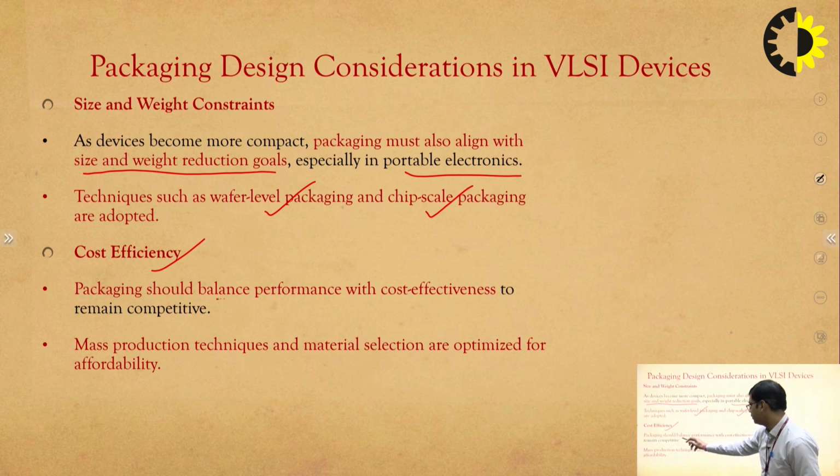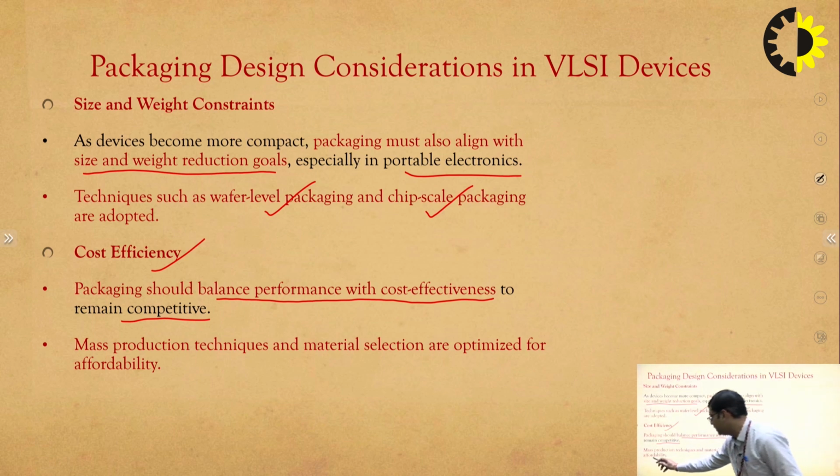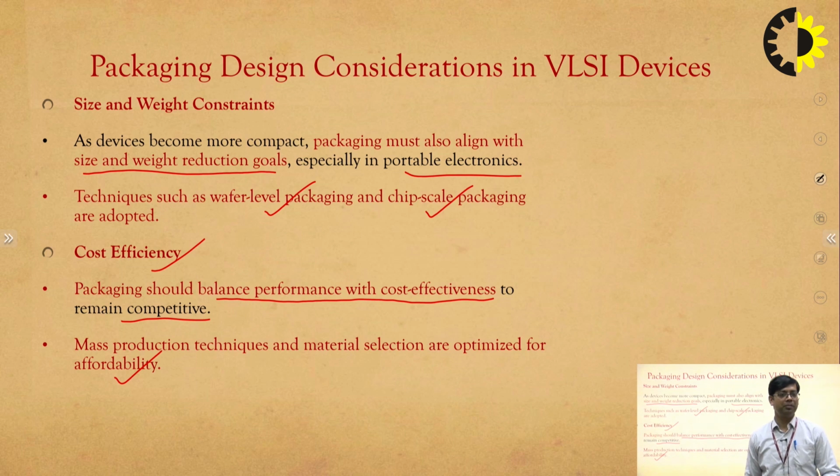So, the packaging should balance the performance with cost effectiveness to remain competitive. Most production techniques and material selections are optimized for affordability, because affordability is very important to remain relevant in the highly competitive market.